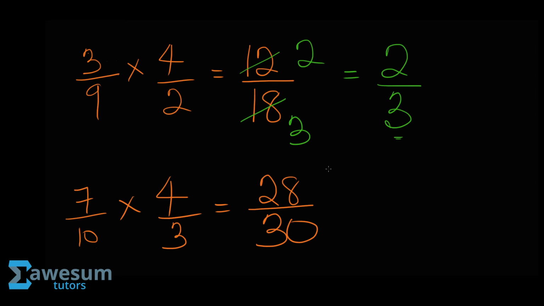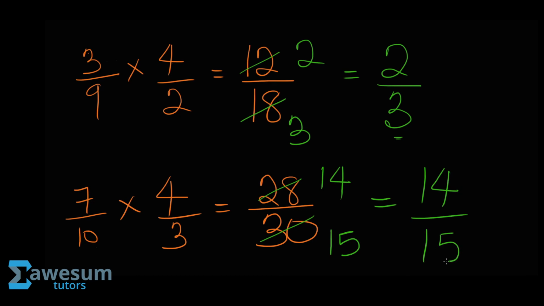If you take a look at this fraction, you realize that this can be simplified further, because 2 can go in 28, that gives me 14. 2 can go in 30, that gives me 15. And in that case, I have 14 over 15. All right, I hope you understand the concept.